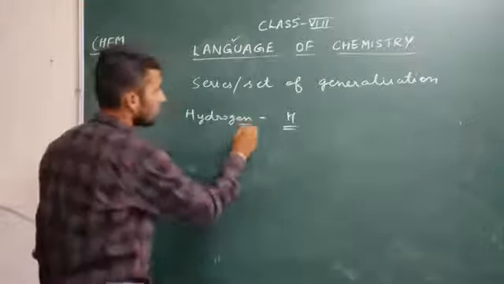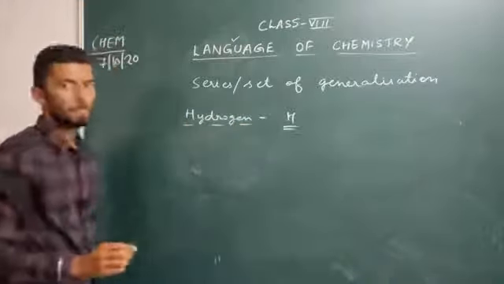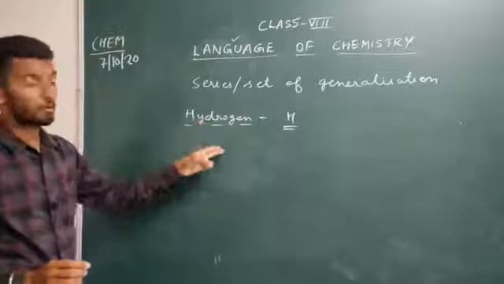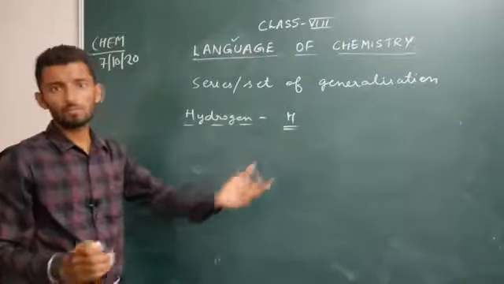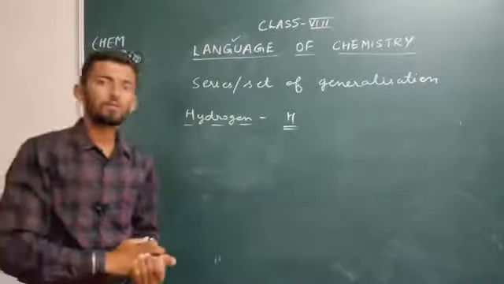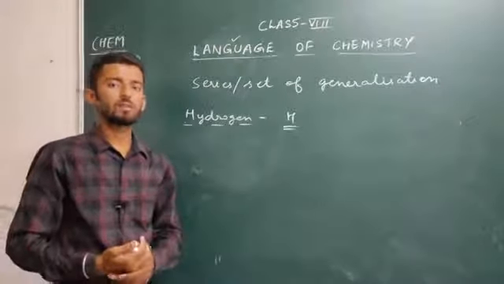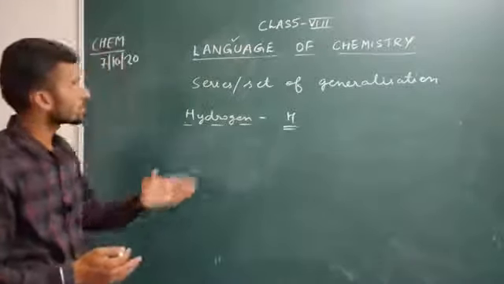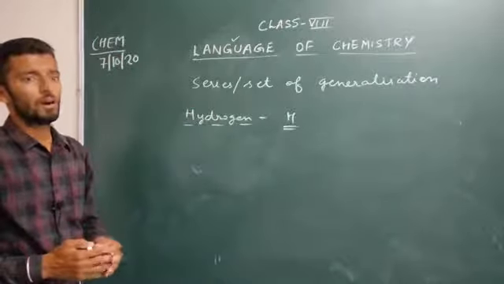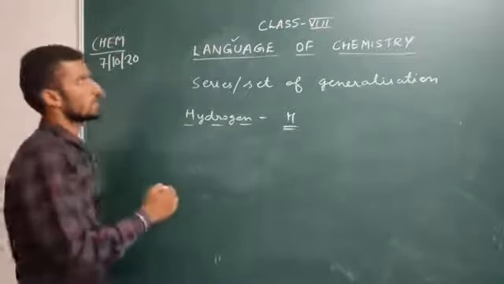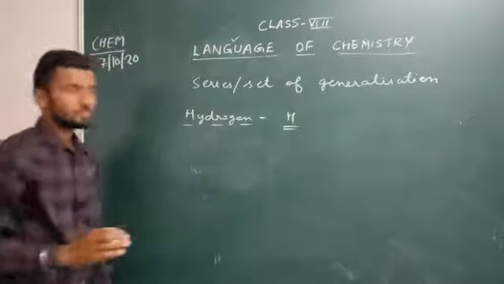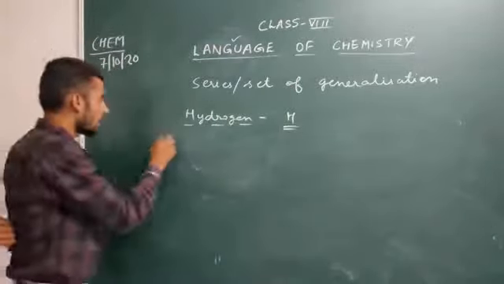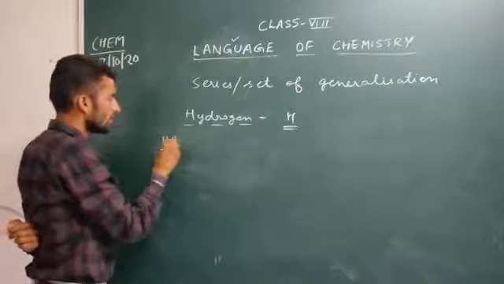Here we often don't write the hydrogen complete name, instead we write only the symbol. So symbolic representation or molecular formula representation or compound representation, all are part of the language with respect to chemistry. Now we know there are 118 elements in the periodic table.